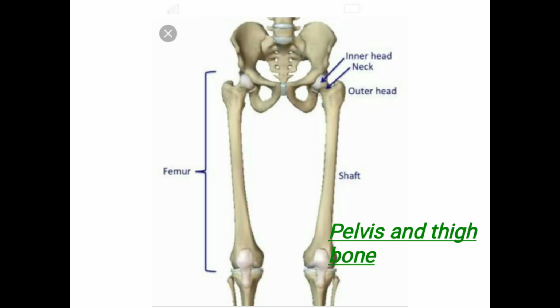Pelvis and thigh bone. Our legs are attached to a strong ring of bones called the pelvis. It is a bowl-shaped bone that balances the weight of the body on the legs. It is made up of two large hip bones that connect the spine to the pelvis. The bone from the pelvis to the knee is called the femur or thigh bone.